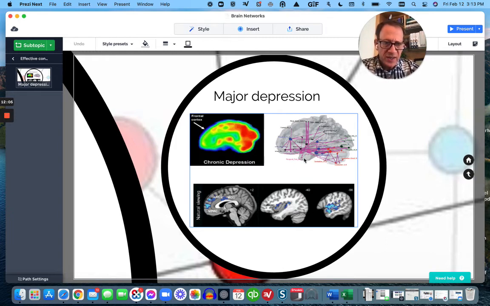And fMRI connectivity shows these magenta lines across similar brain regions, maybe even going a little further back in the brain, including other areas. But there's a consensus across these strategies and techniques of what we understand to happen in major depression that's existed beyond a number of months.